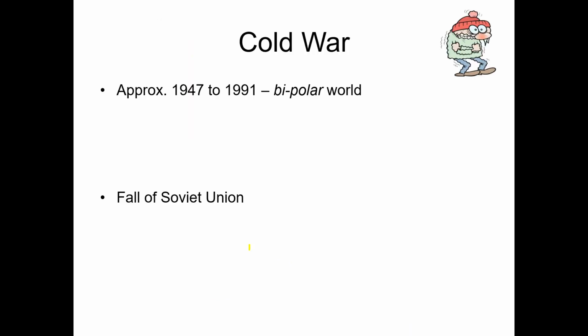So what I want to focus on here for a few minutes is the Cold War period, which came about very quickly after the end of World War II, and particularly by 1949, when the Soviets had established that they had an atomic bomb. Well, then the arms race was on.